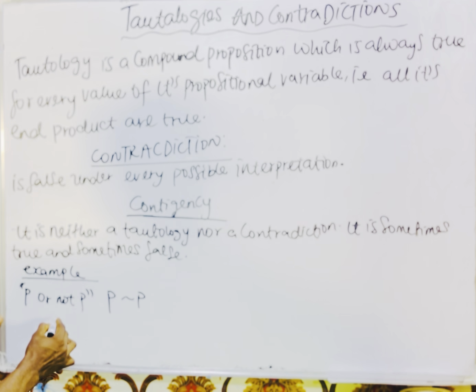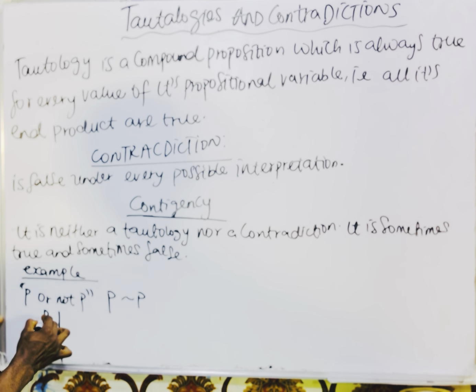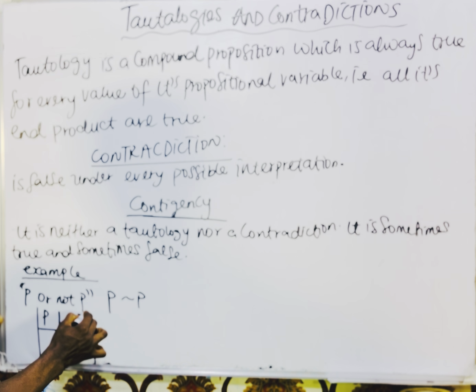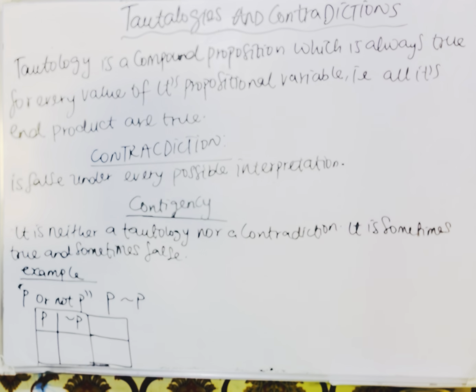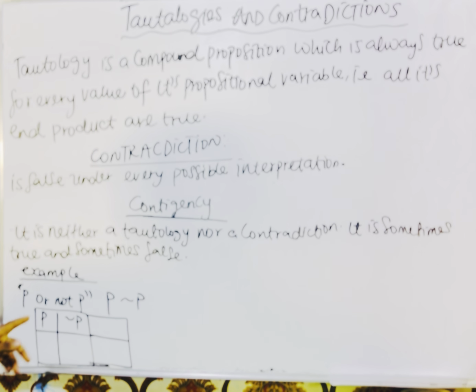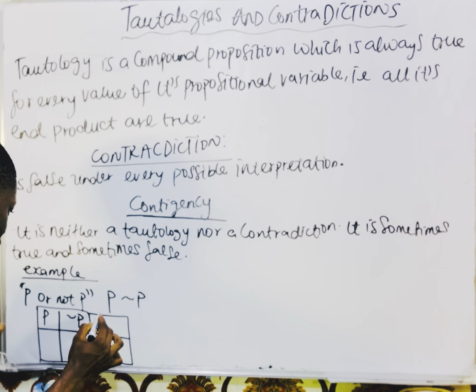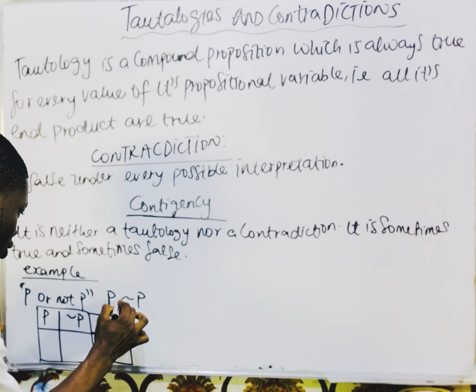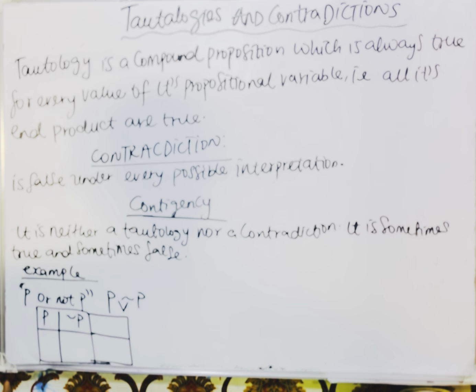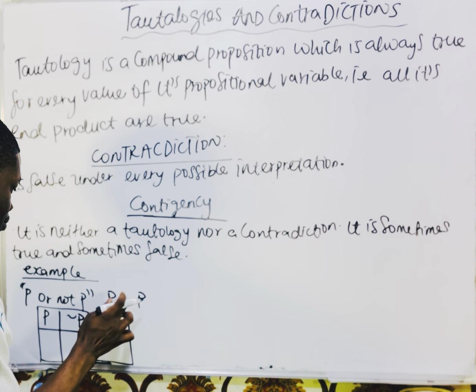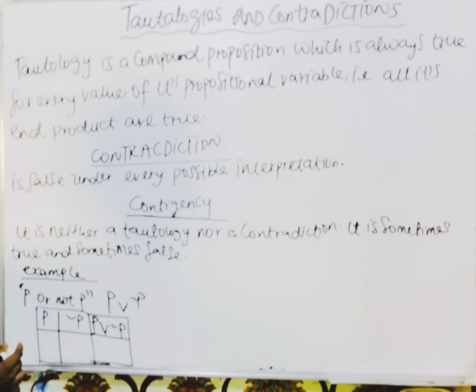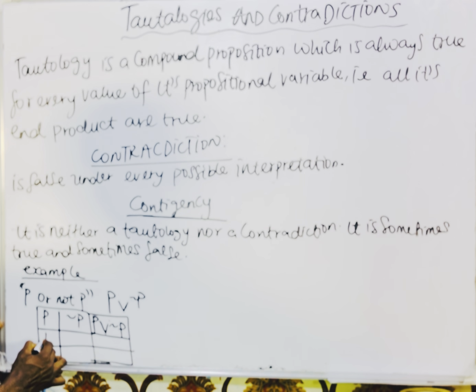So let's check whether it's a tautology. This is P, this is not P, and then P or not P. I'll just have only two columns because I don't have space.